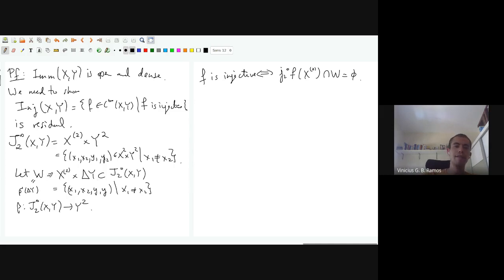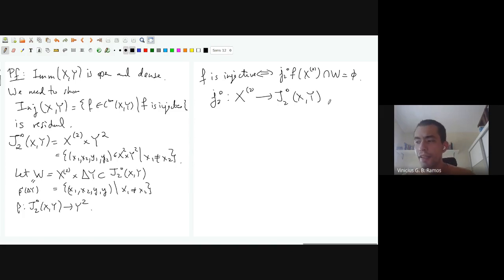So not being injective means that there exists a point in the image of this 2, 0 jet that is in W. And now recall that this 2, 0 jet is a map from X^2 to the 2 jet space.